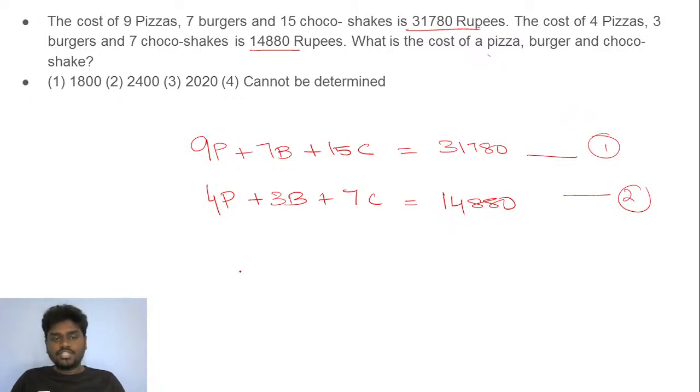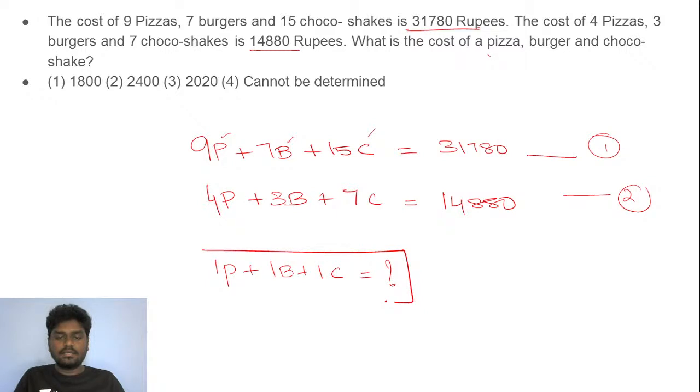Now here if you see, you have 3 variables, that is, you have P, B and C, that is pizza, burger and choco shakes. But you have only 2 equations. So if you want to find the cost of 1 pizza plus 1 burger plus 1 choco shake, how to find it exactly?